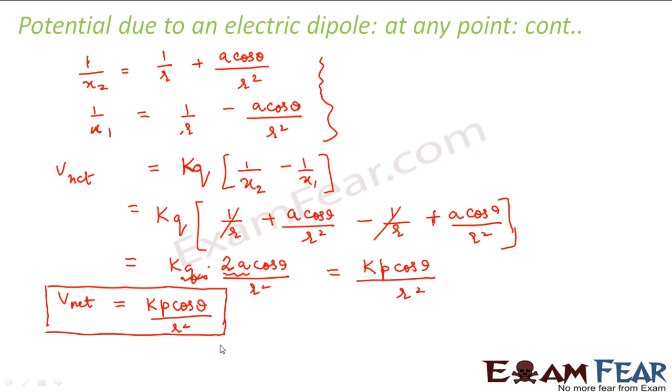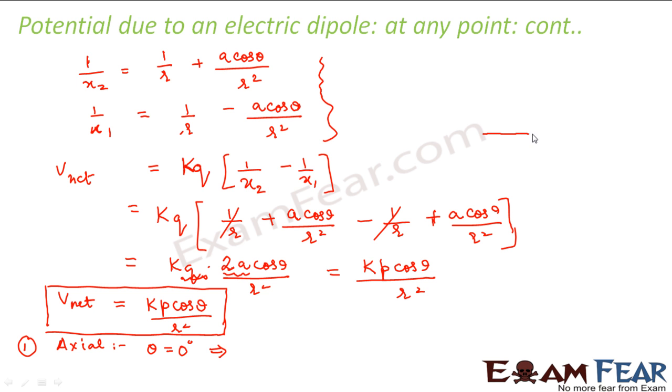Now looking at this expression, you can also derive the expression for the axial point as well as the equatorial point. So how do you do that? Let us consider an axial point. In case of an axial point, what will be the value of theta? Theta will be 0 degrees, because theta is nothing but the angle made by the point with the dipole.